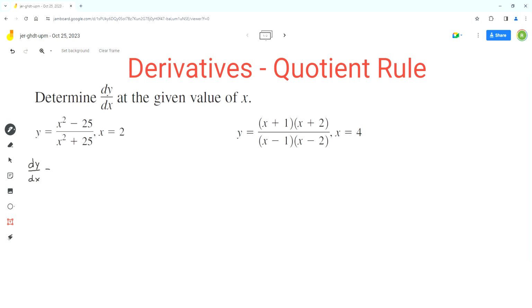And now as per the quotient rule, we'll start with the derivative of the numerator, which is 2x minus 0. 25 is a constant, so that's why its derivative is 0, times the denominator, which is x squared plus 25, minus the numerator expression, x squared minus 25, times the derivative of the denominator, which will be 2x plus 0, over the square of the denominator.